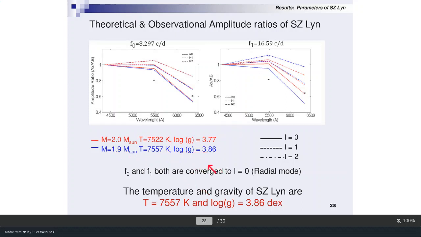Therefore, I finally determined the temperature of SZ Lyn as 7557 K and log g as 3.86. That is my conclusion on the physical parameters. And of course, the mode of the oscillation is L equals 0, because this is very close to L equals 0. The continuous line is L equals 0. Therefore, these oscillations are radial oscillations, not non-radial oscillations.